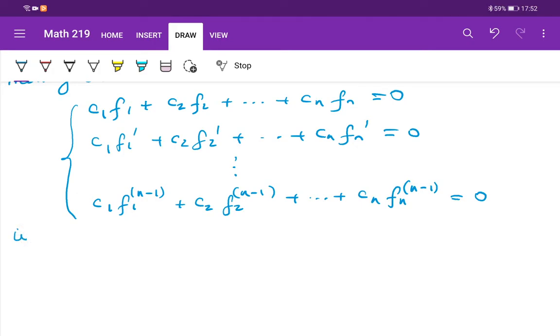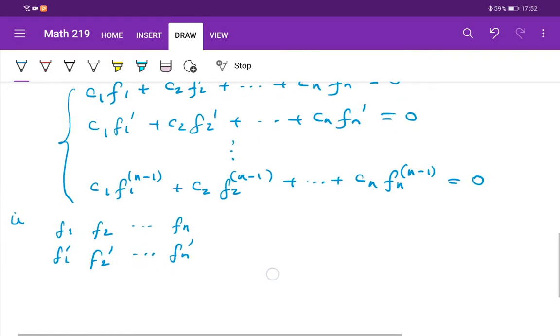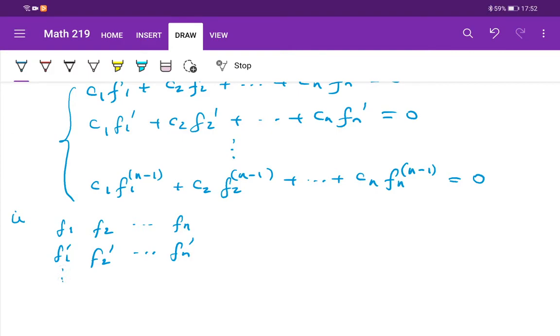This can be written with the rows f1, f2 up to fn, then f1 prime, f2 prime up to fn prime, and so on up to the (n-1)th derivatives of f1, f2, up to fn.